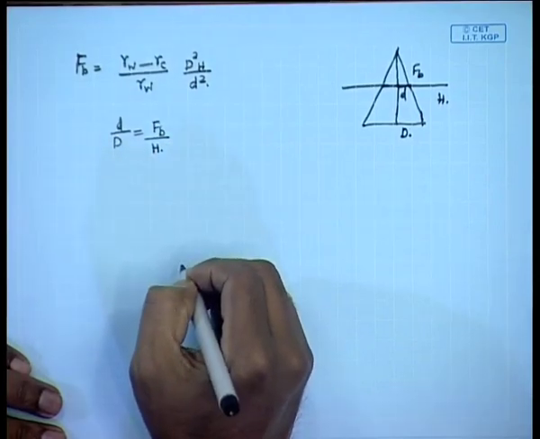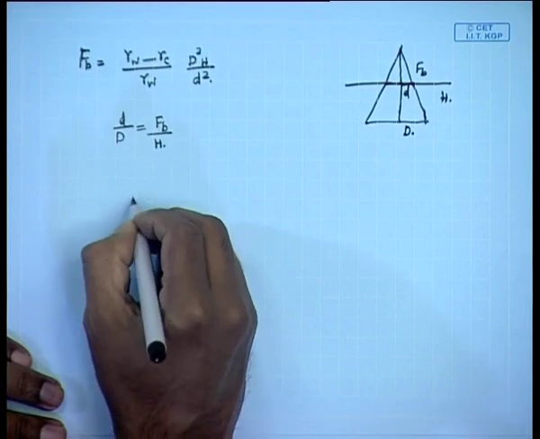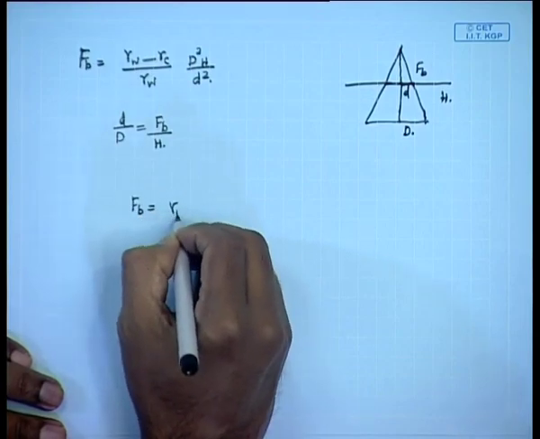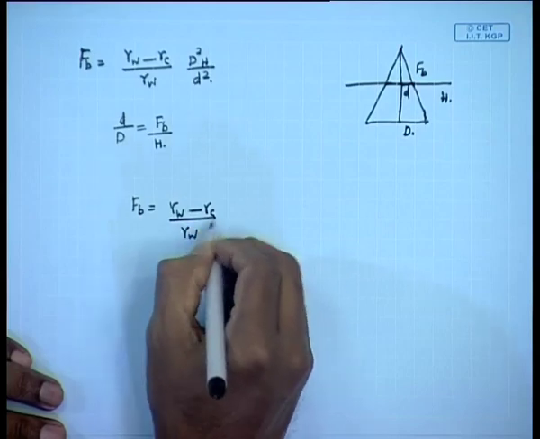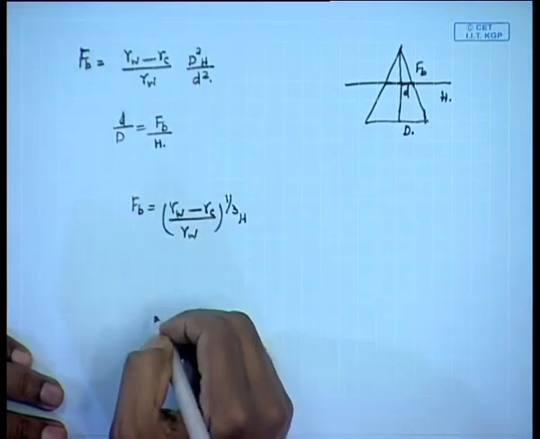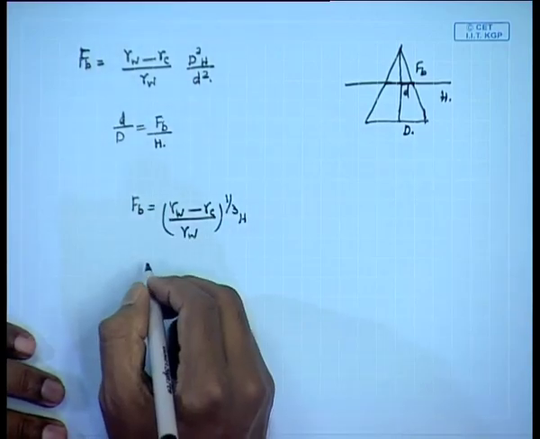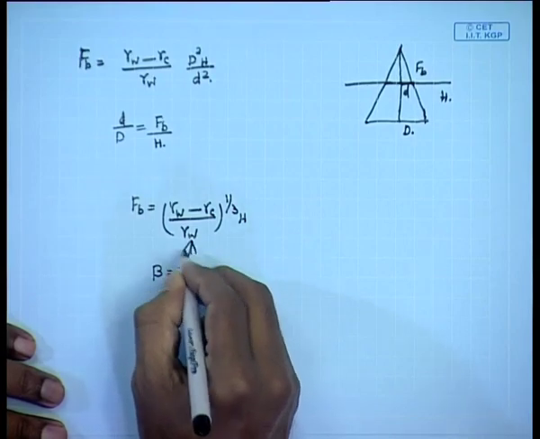This gives you a similarity formula, and combining this equation with this gives you FB is equal to gamma w minus gamma c by gamma w the whole power 1 by 3 into h. If you just do this, you will get this expression, and let us put beta equal to this whole expression.